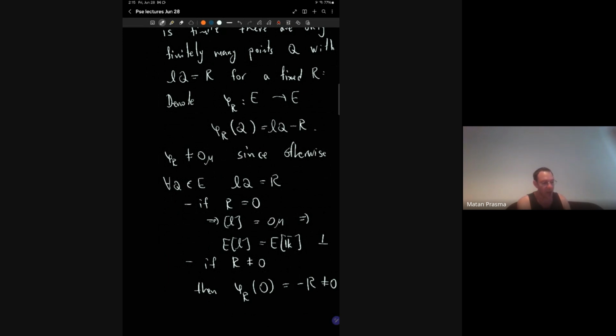So independently of the value of R, phi R cannot be the zero map. Okay?